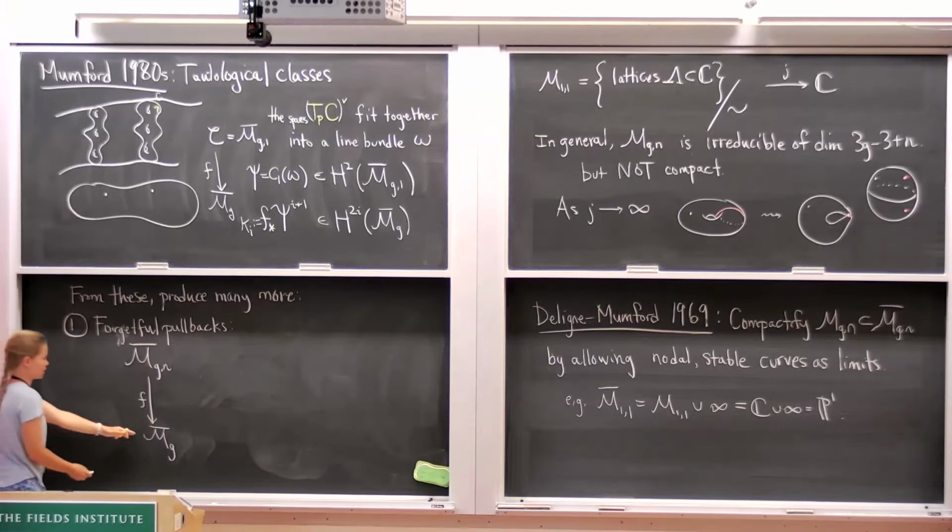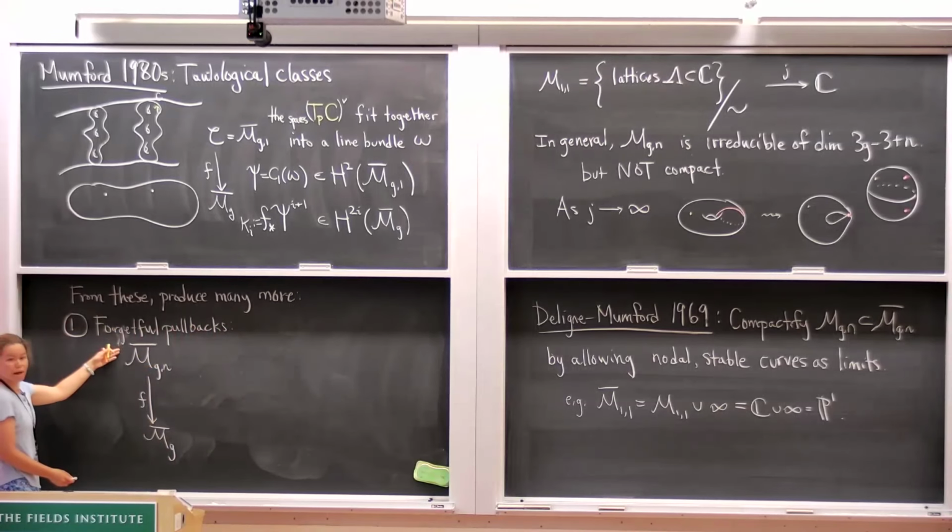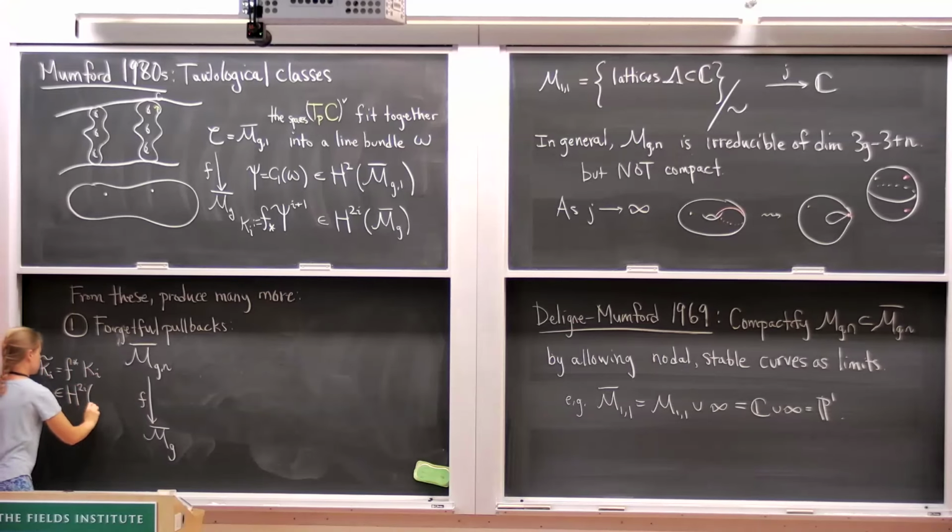And so I can take my kappa classes down here and pull them back up to Mgn bar. So I'm going to write kappa i tilde for the pullback of kappa i, which lies in H2i of Mgn bar.